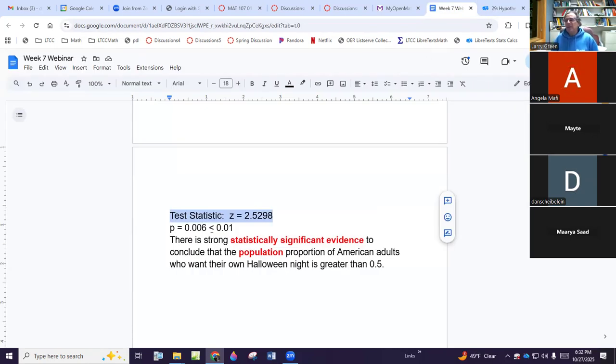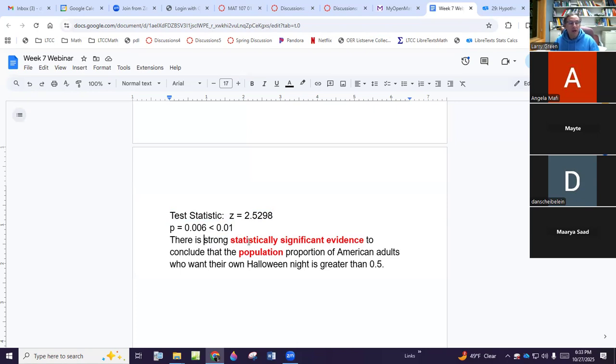Okay, and I want to give you some vocabulary that you're required to know. If the p-value is less than 1%, 0.01, then we're going to use the word strong. Then you have strong evidence. That means you're really confident that it's really going to happen. And then you have to have the words statistically significant evidence if the p-value is less than the level of significance.